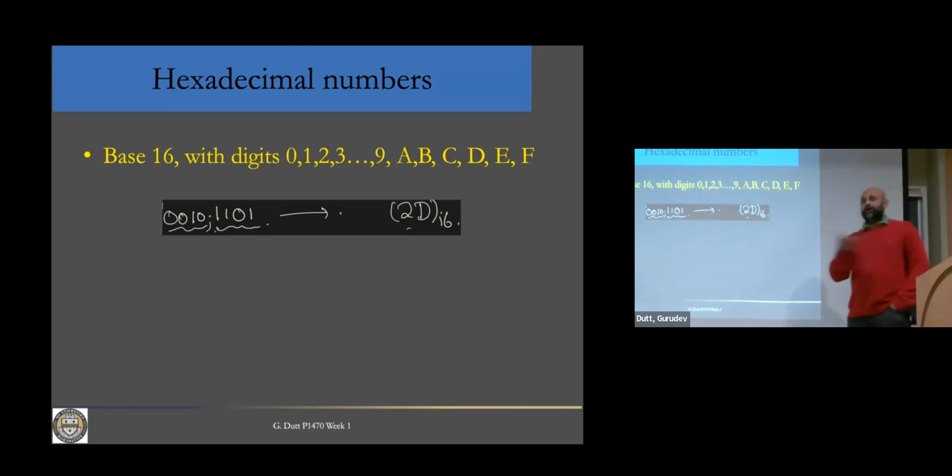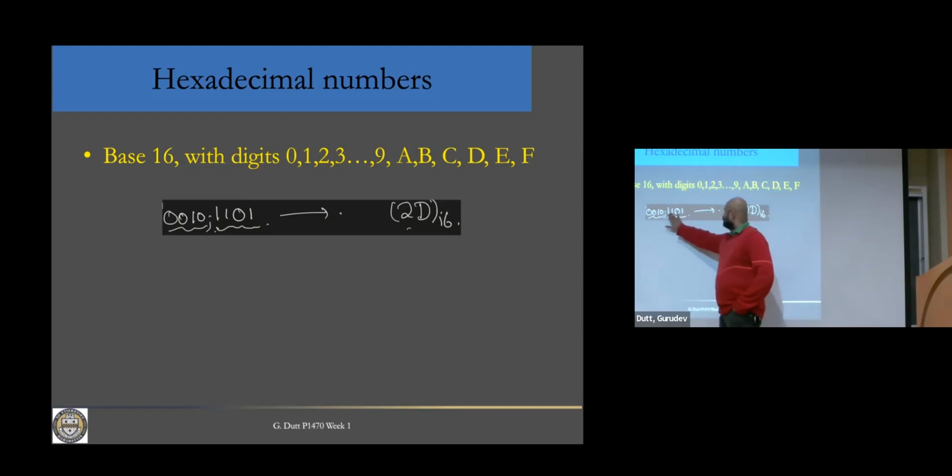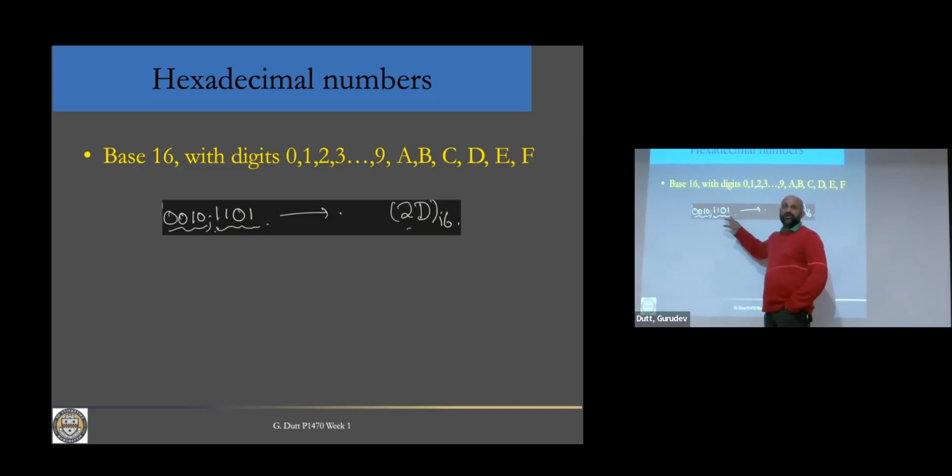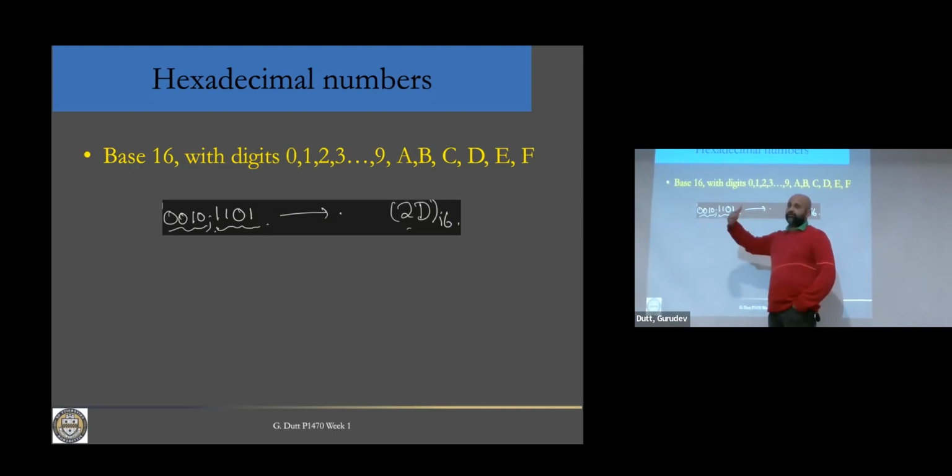So instead we go in groups of 4, because a group of 4 binary digits represents numbers from 0 up to 15. You can work that out yourself.